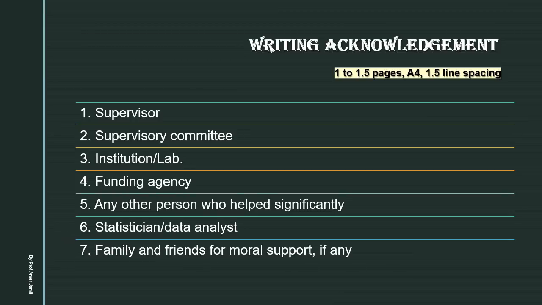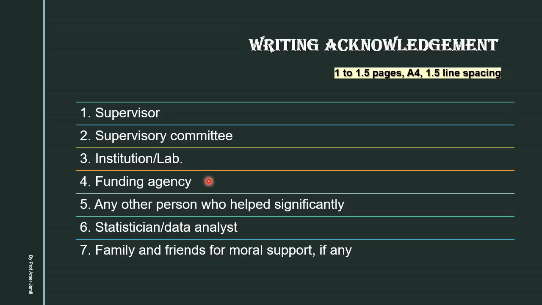Acknowledgement is an important component of the thesis. You should write the acknowledgement in 1 to 1.5 pages, and you should acknowledge your supervisor, your supervisory committee, and your institution or lab in which the research was conducted, or if it was field research, you may mention that. Similarly, the funding agency is also very important, who gave funding for your project.